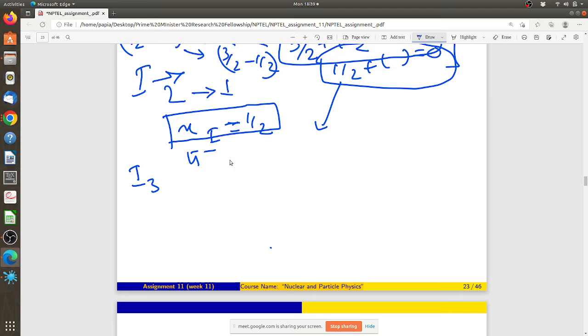Pi minus goes to k minus k0 plus something. So what will be the I3 for pi minus? Pi minus has the I3 value -1, because in that pi family, pi plus, pi 0.